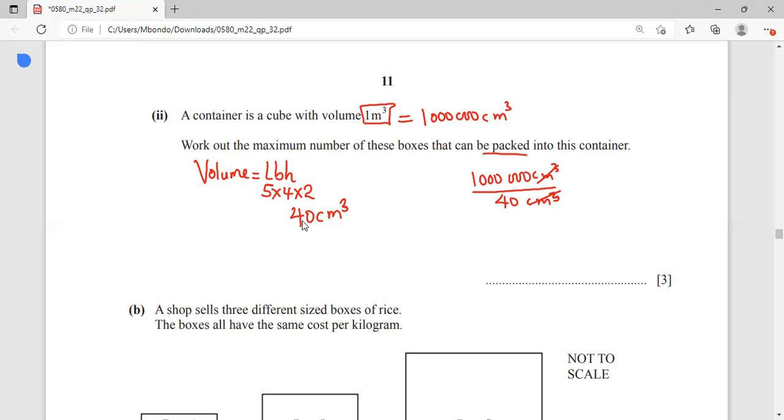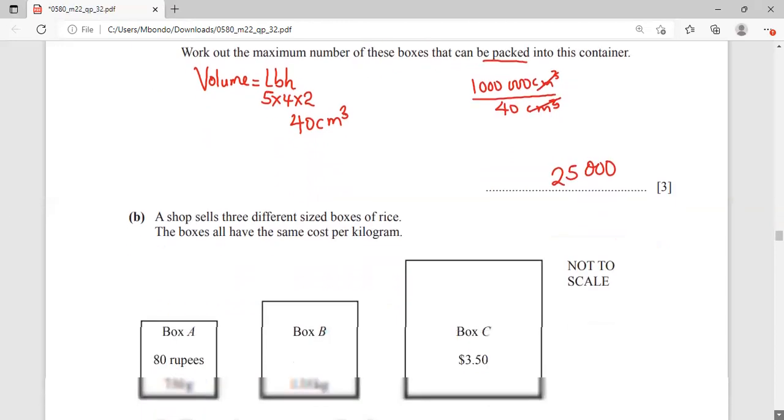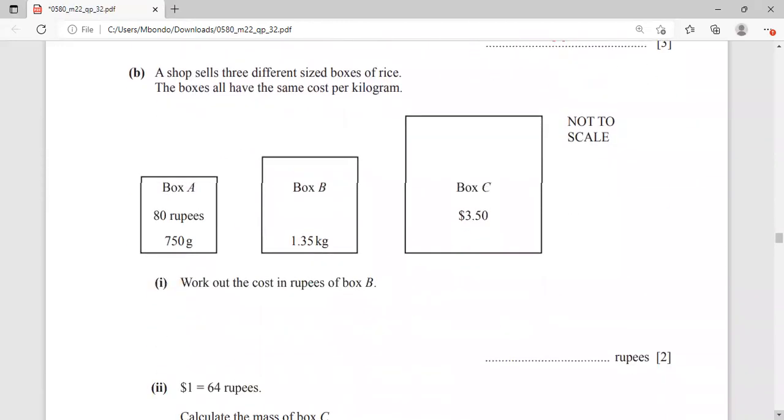This is going to give you 25,000. What are you getting? That is what I'm getting here. It's a question of us comparing the answers. It's very possible that I could make a mistake, so that is why we need to make sure that we compare our answers.